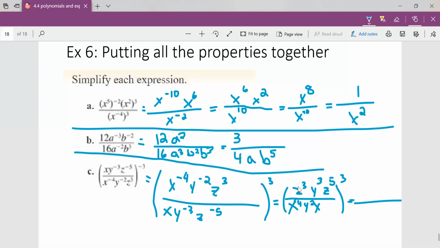Okay, finish it up. So let's simplify. z to the third times z to the 5th is z to the 8th. And then I have a y to the third on the top, a y squared on the bottom, which is going to give me a y on the top. Oh, sorry, I mean y on the top. Let's erase that.